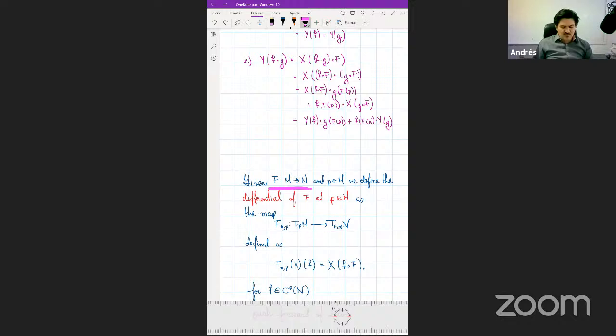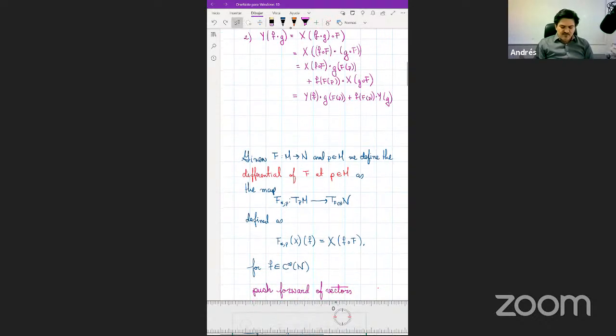And this is what we call the differential of f at P. Okay, this is also sometimes called the push forward of vectors. So a vector is pushed forward from the domain to the codomain of the function. So that's why it is the push forward, right?